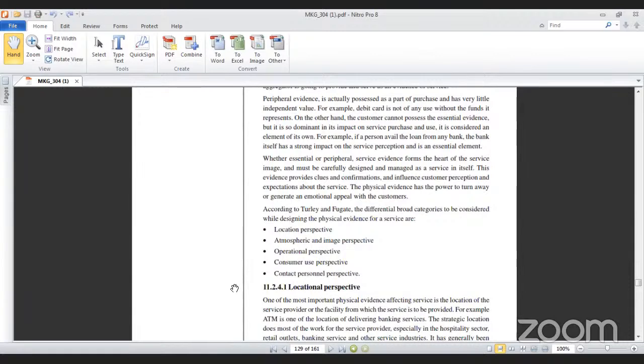According to Bitner and Fugate, the different categories to be considered while designing the physical evidence for a service are: first, location perspective; atmospheric and image perspective; operational; consumer use; and contact personnel.